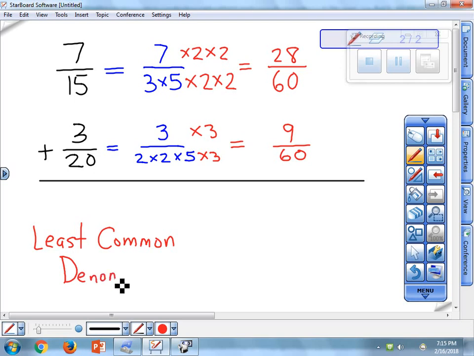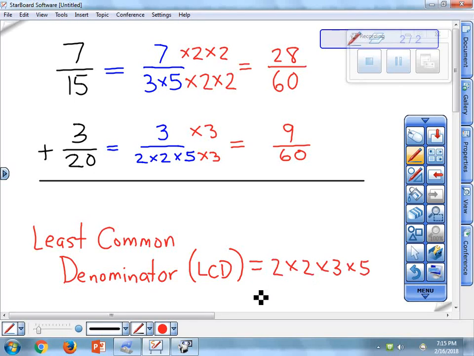That's also known, by the way, as the LCD, and in our case it's equal to 2 times 2 times 3 times 5, which is 60.